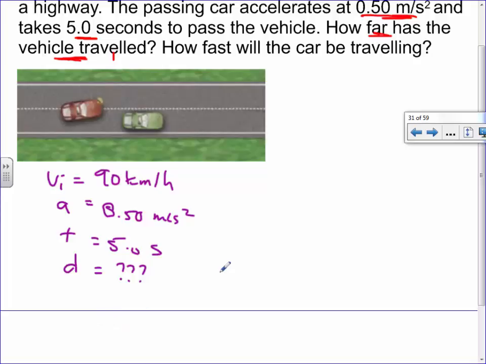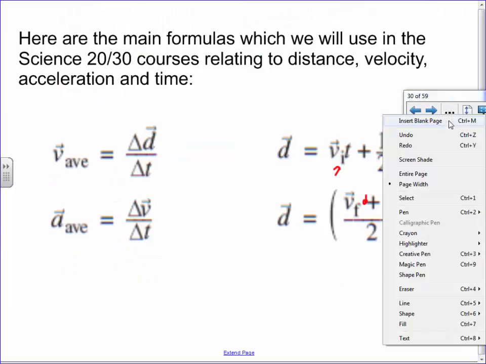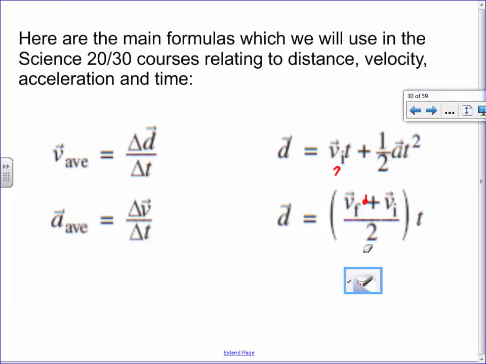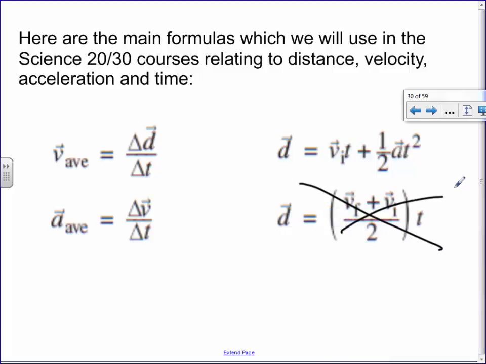The next thing you got to do then is go to your formula section and figure out which of these formulas involves the variables you have. Like for example, I'm going to show you which one not to use. Don't use this one. And the reason why that one's no good to you is that you do know time. Time was a number we knew. And you do know velocity initial. But you don't know velocity final, and you don't know distance. You know what I'm saying here?